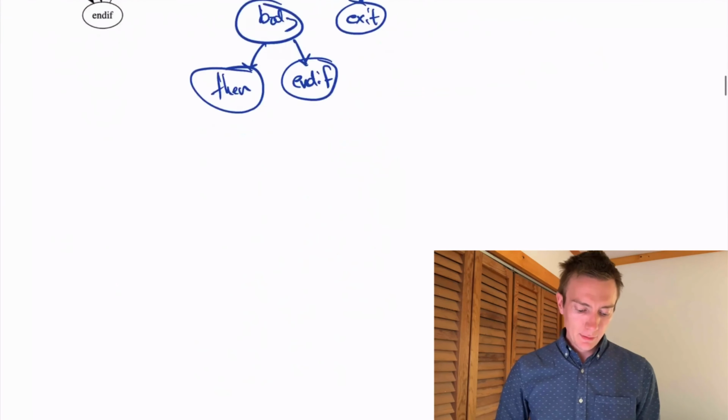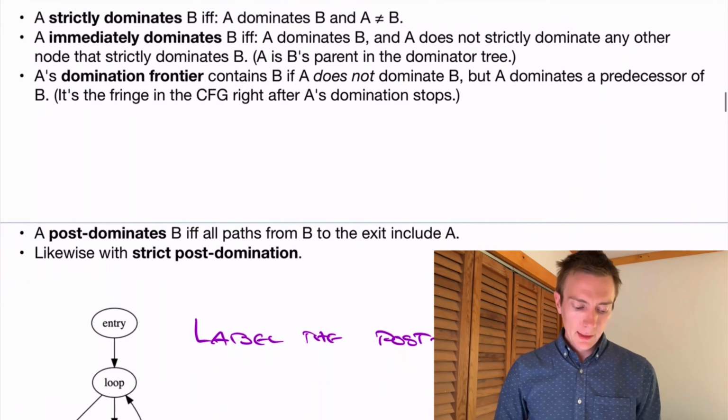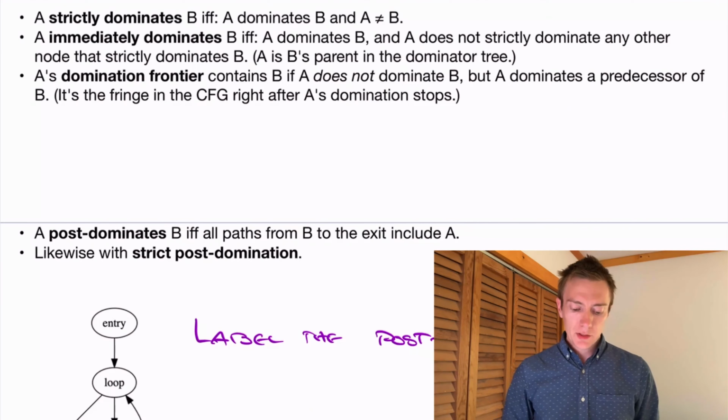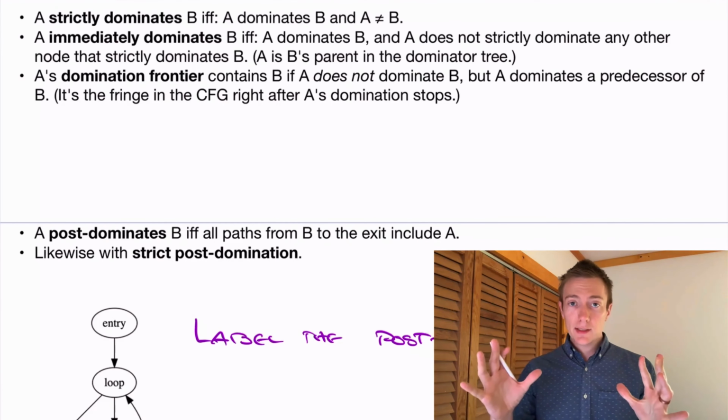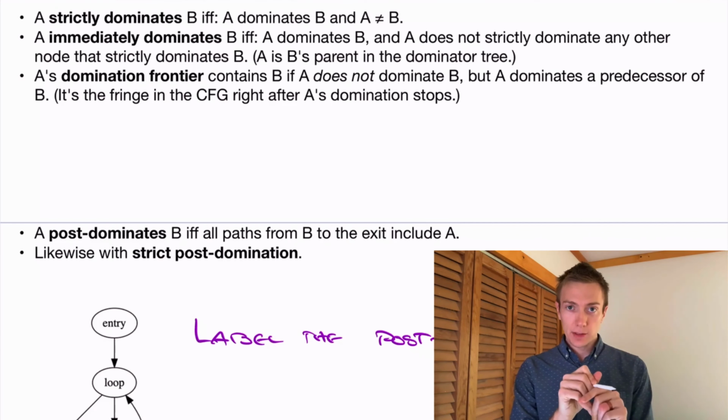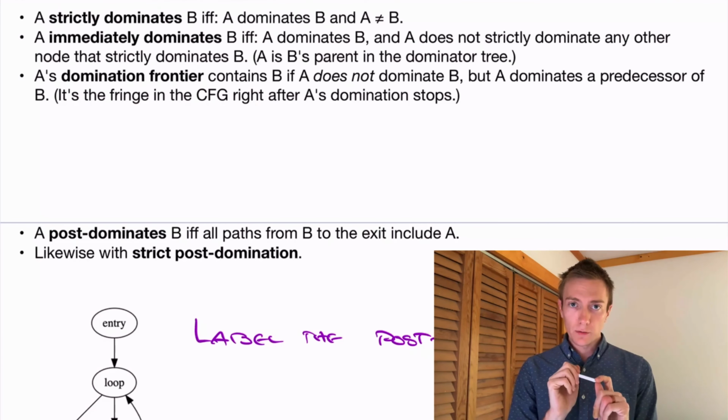Let me now return to these definitions a little bit farther down. The next thing that I wanted to tell you about is the domination frontier. And this one's a little bit tricky, but the domination frontier contains nodes that are not dominated by a given node, but are just one hop away on the control flow graph.